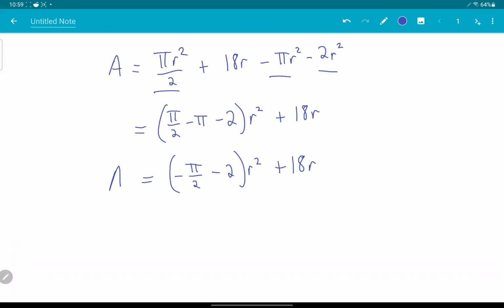Now I will do a derivative. A prime is, well, this 2 comes down. I'll put it out front there. Plus 18.